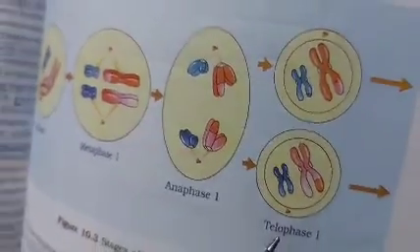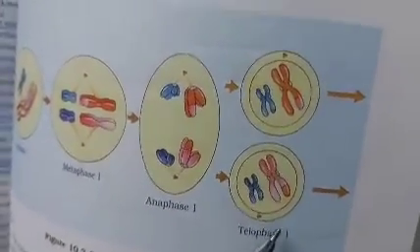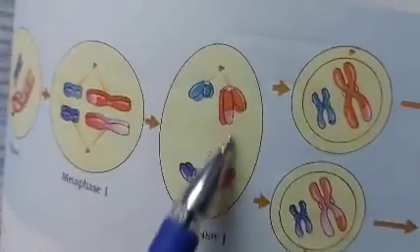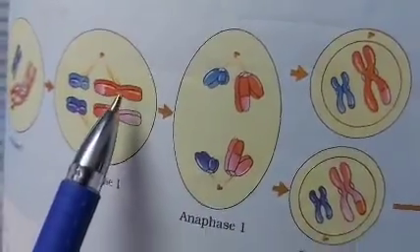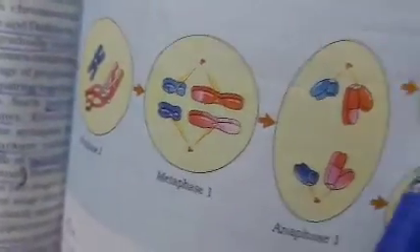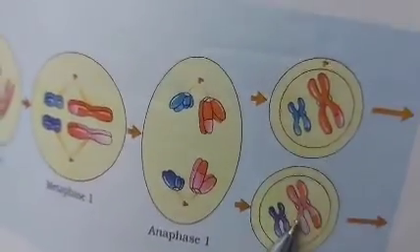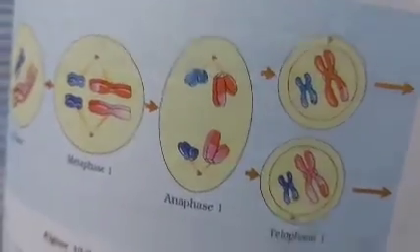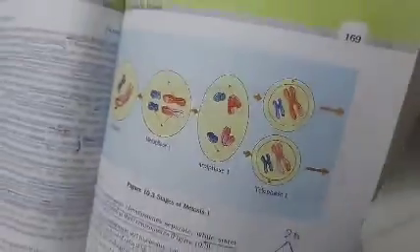At the end of anaphase 1, that is telophase 1, there are two nuclear groups with half the number of chromosomes. Earlier we had 4 chromosomes, but in these daughter cells we have 2 chromosomes. So M1 is reductional division, and now second is M2.